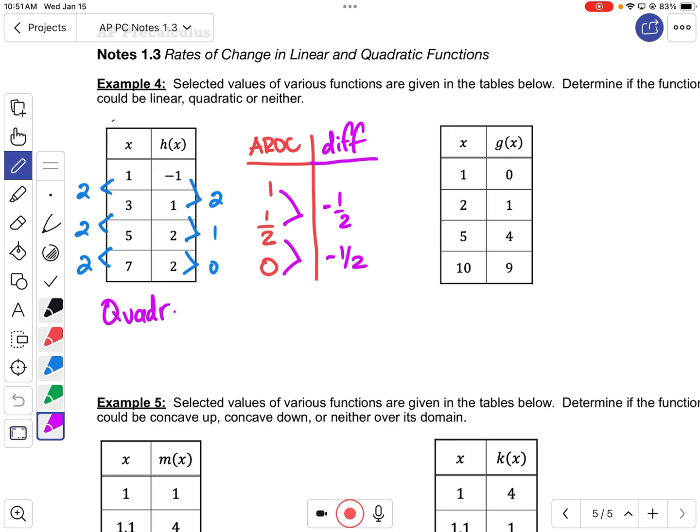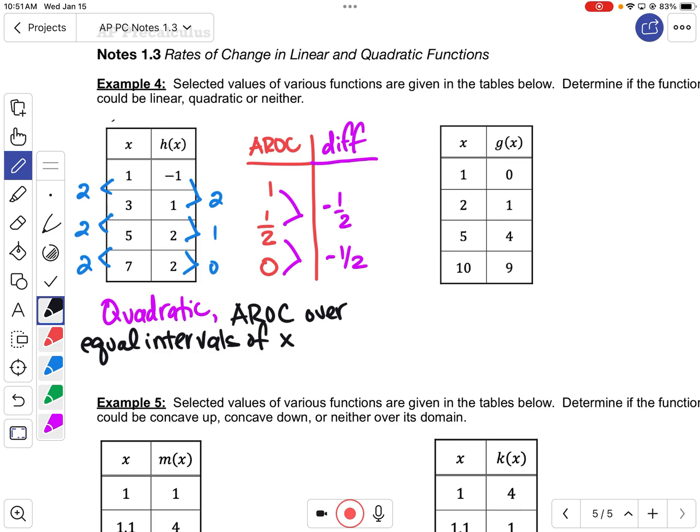Now, one of the things that we've got to get used to doing is writing reasons, all right? And here's what we're going to say, okay? We would say that the average rates of change over equal intervals of x decrease at a constant rate.